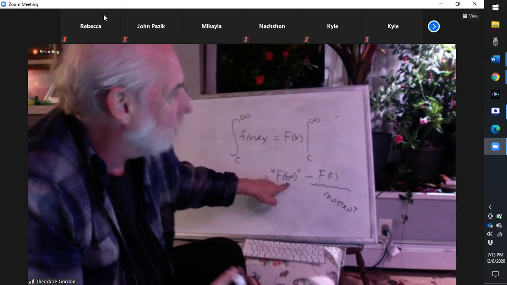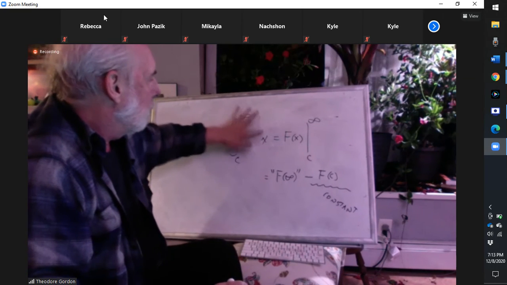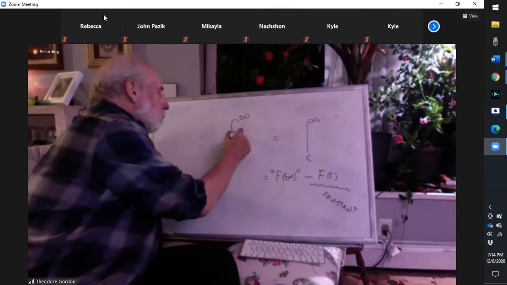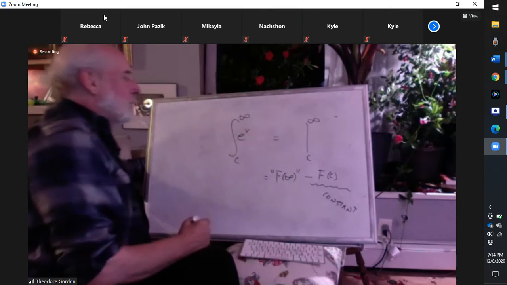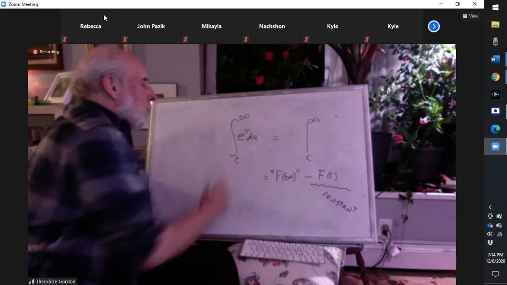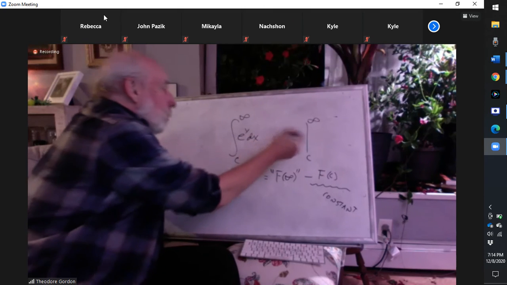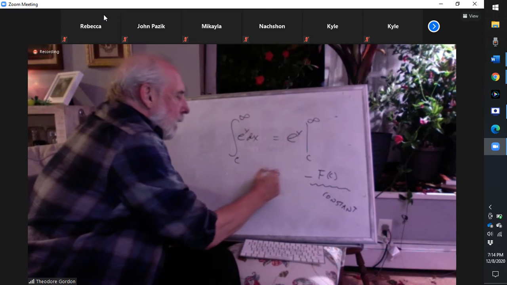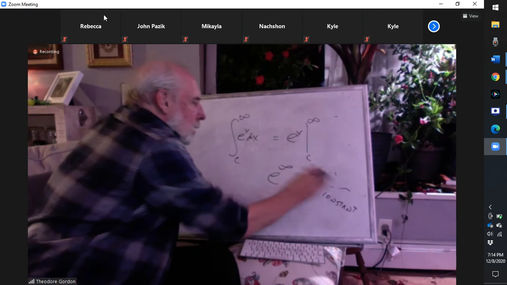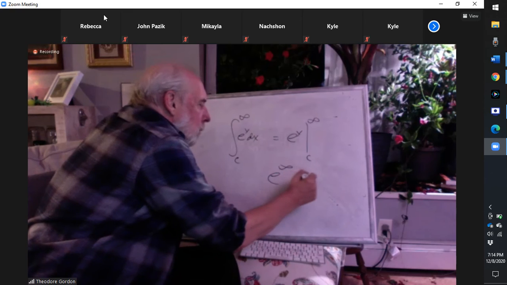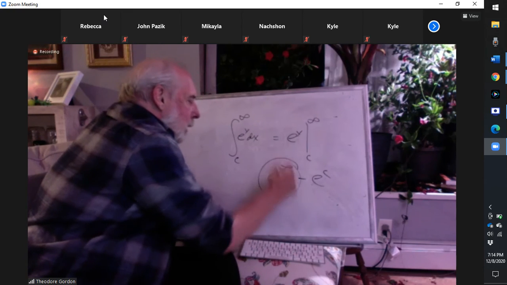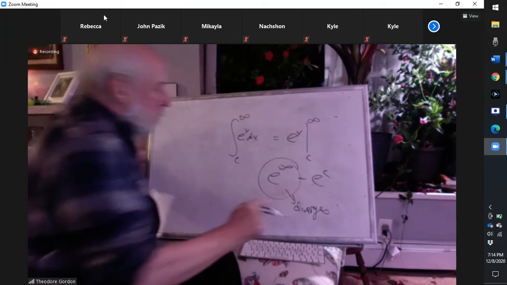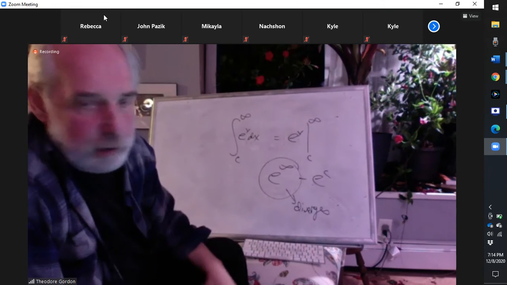So if your integral was, let's say, e to the x, and this is some constant. Well, the integral here would be e to the x, and then you'd get e to the infinity minus e to the constant. And e to the infinity is infinity, so that's it.